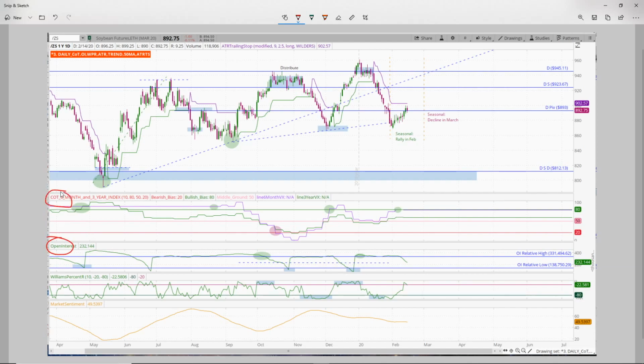You get commercial and open interest and Williams PR and market sentiment, something a little new that we've been doing. So bullish commercial interest. Oh my gosh. Bullish commercial interest. We'll just say comms. Bullish comms. Diminishing open interest. Got your OI.